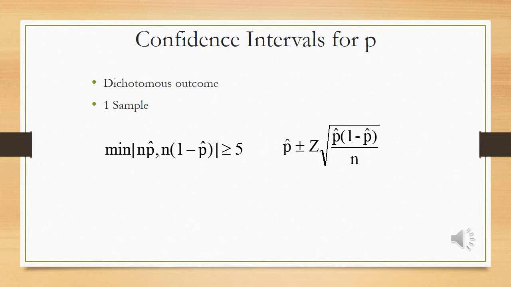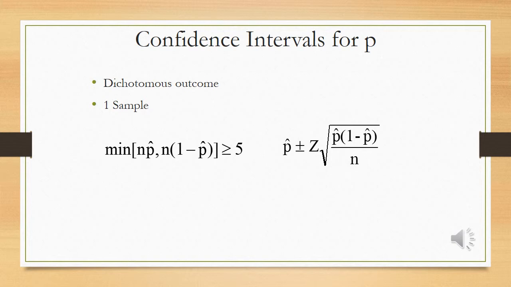Now in most problems, of course, we want you to find the confidence interval, so it will always be true in most problems, unless indicated otherwise. So here, the confidence interval will be p plus or minus z, which we know where to find it, times the square root of p times (1 minus p) over n.